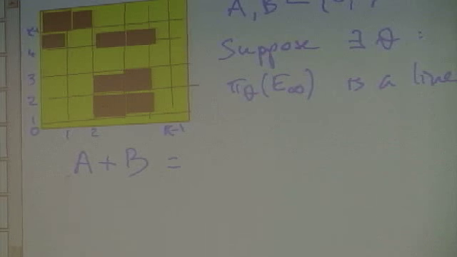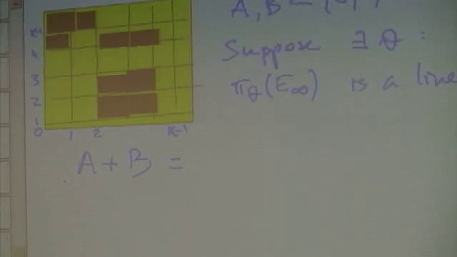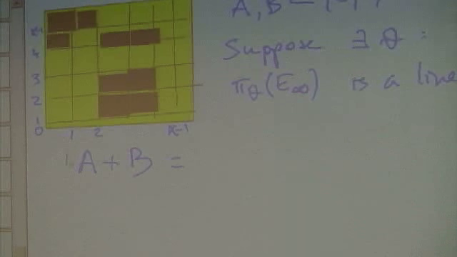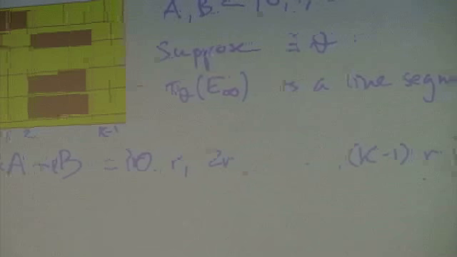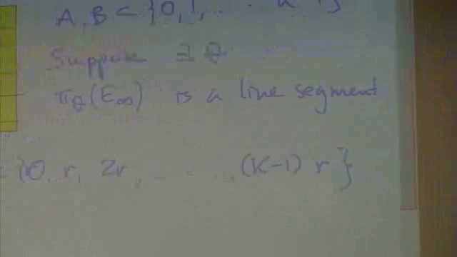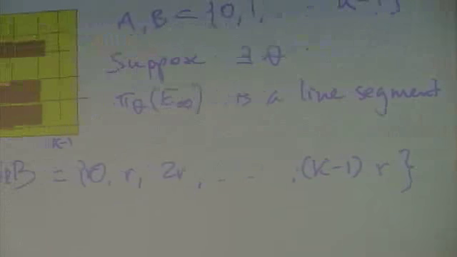I can say that there are integers k, l, and r, such that ka plus lb is r, is 0, r, 2r, up to k minus 1 times r. Basically, that's what this condition ends up amounting to.